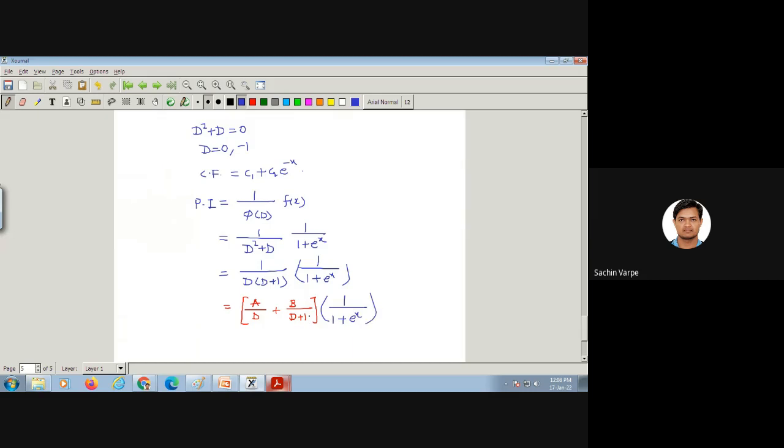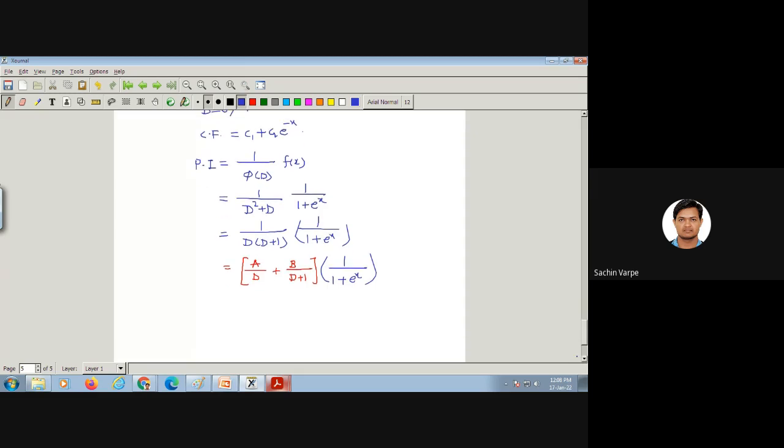So you find the values of A and B, where A is I think 1 and B is minus 1. Please check whether A is 1 or B. So A is 1 upon D and B is minus 1, so minus 1 upon D plus 1, and that is operated on f of x, that is 1 upon 1 plus e raised to x.